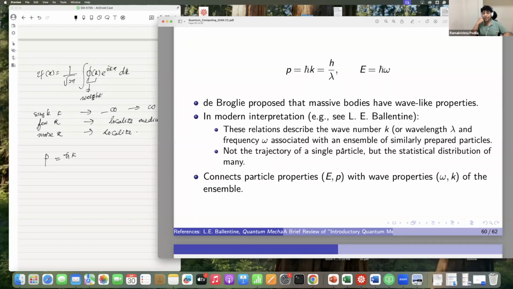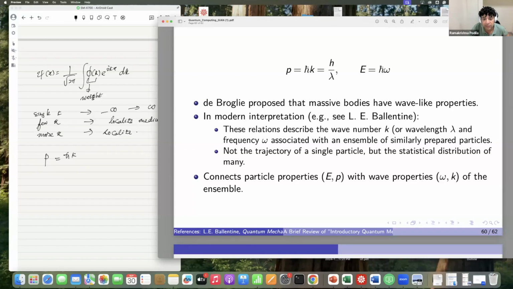It is rather describing the wavelength or the wave number that is associated with an ensemble of similarly prepared systems. If you do not understand this correctly, then it can lead you to basic confusions and make you think that quantum mechanics is different from your common sense.